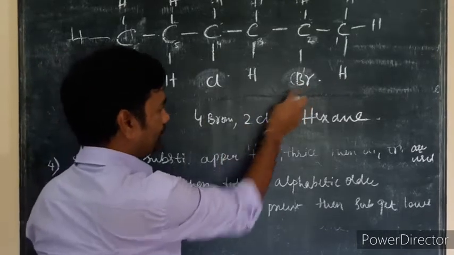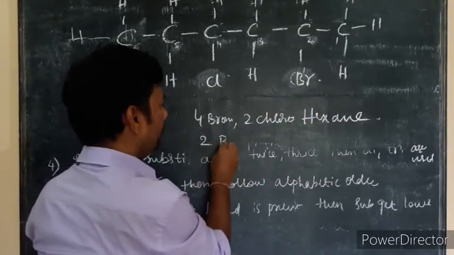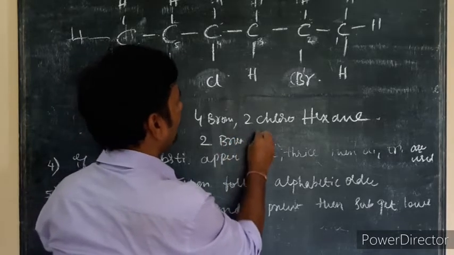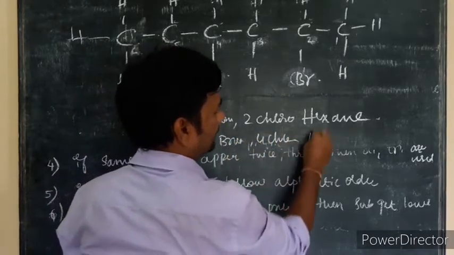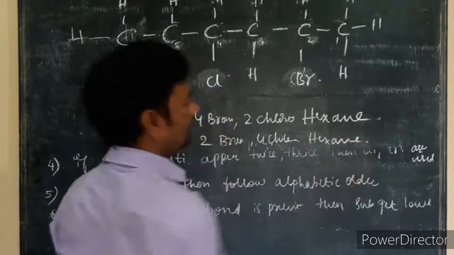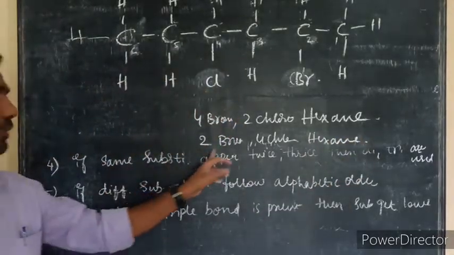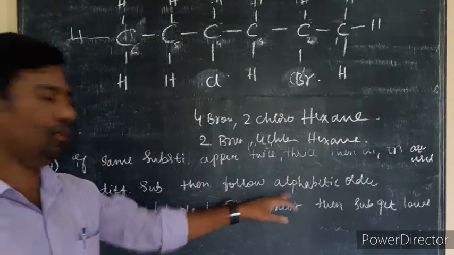So alphabetical order means first 2-bromo and 4-chlorohexane. Understood? If two substituents are both different, you follow the alphabetical order.